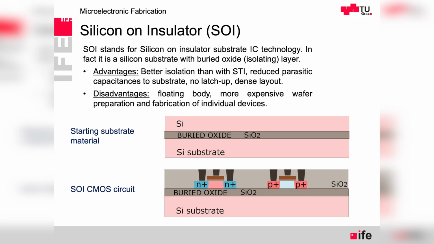And so what we can see is that there is the substrate, then we have the layer of silicon dioxide, and then we have the separate NMOS and PMOS transistors. There is no way that they can latch with each other because there is no PNPN parasitic thyristor structure in between them.